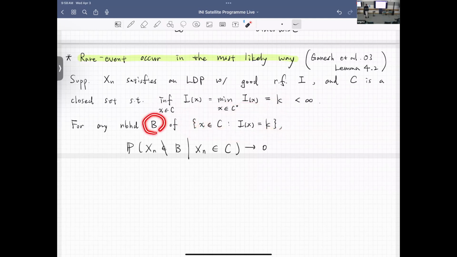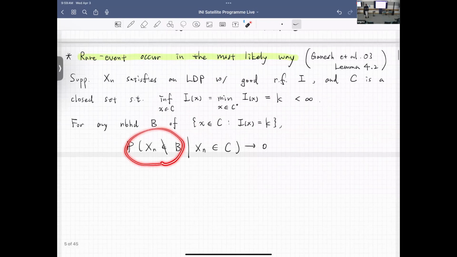Now, you take a neighborhood of that, just slightly larger, and you always have to be within it. The probability that you're outside of it goes to 0, conditional on the rare event. So when the rare event happens, it's almost always because of the most likely scenarios in C. Does this make sense?